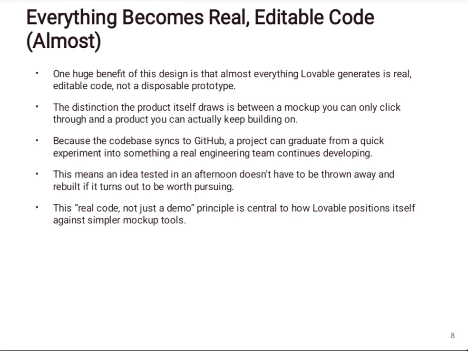Because the codebase syncs to GitHub, a project can graduate from a quick experiment into something a real engineering team continues developing. This means an idea tested in an afternoon doesn't have to be thrown away and rebuilt if it turns out to be worth pursuing. This real code, not just a demo, principle is central to how Lovable positions itself against simpler mockup tools.